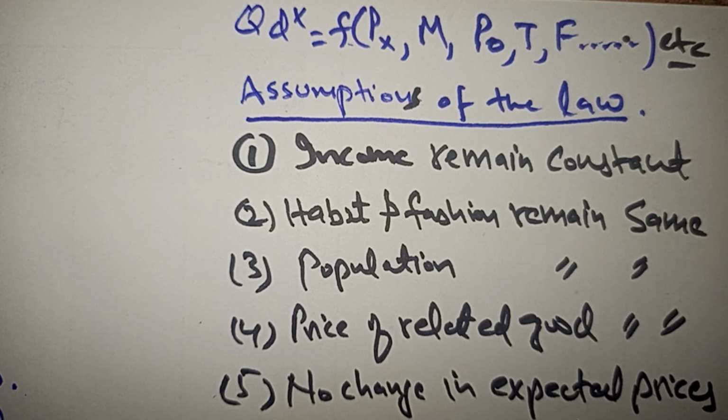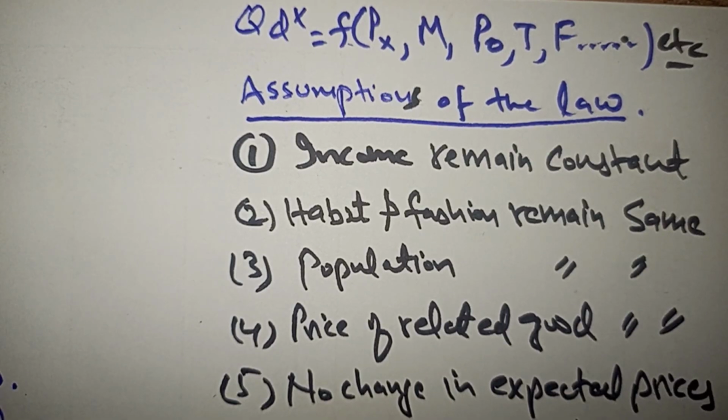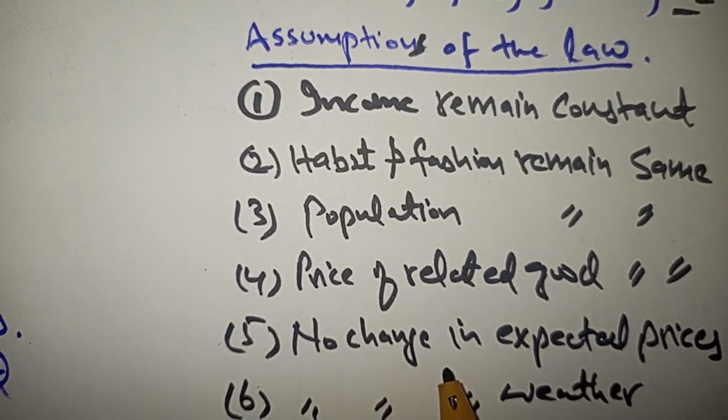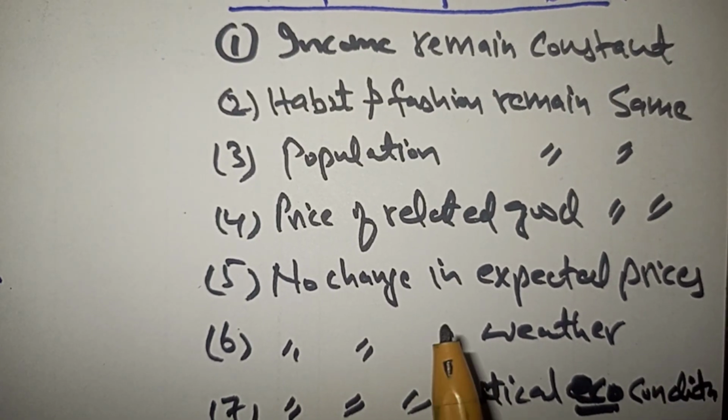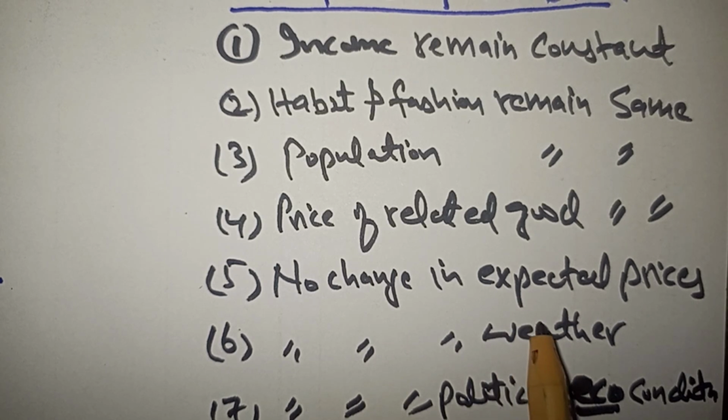Number 5. No change in expected prices. For the validity of this law, the future expected prices must also remain constant.